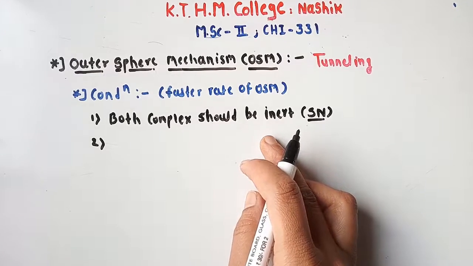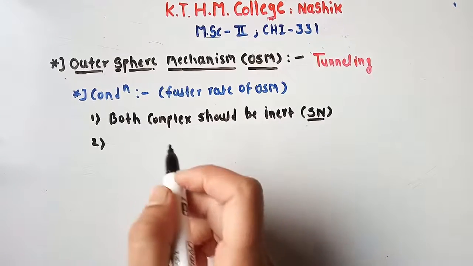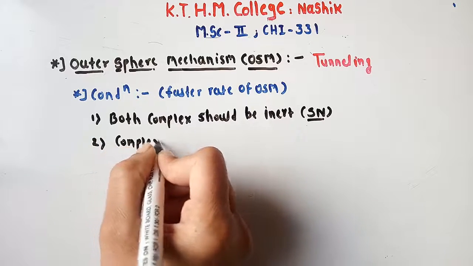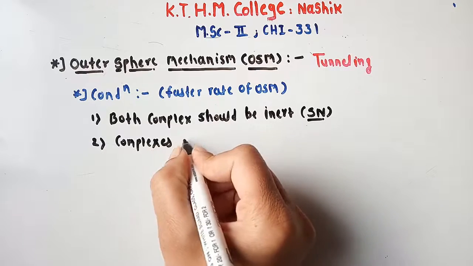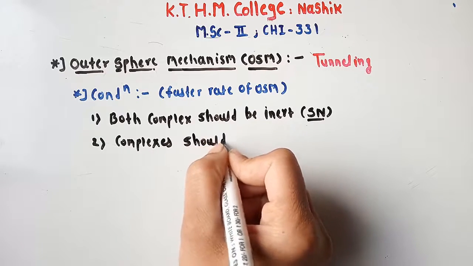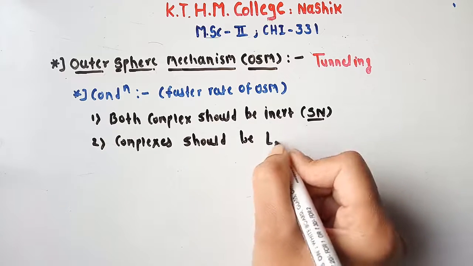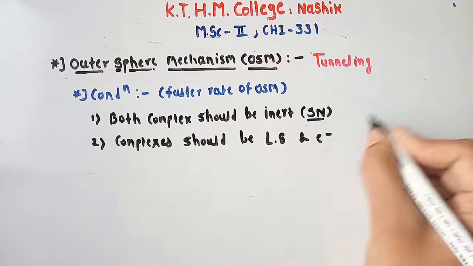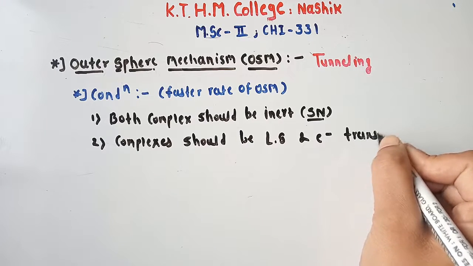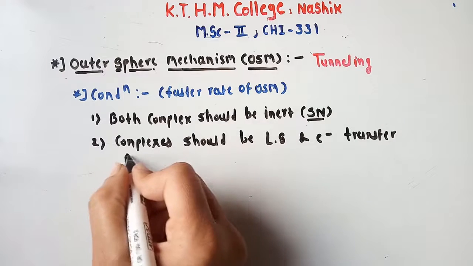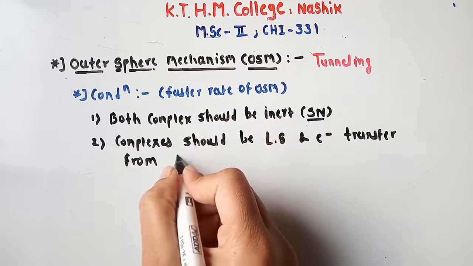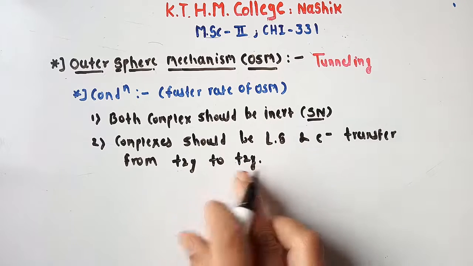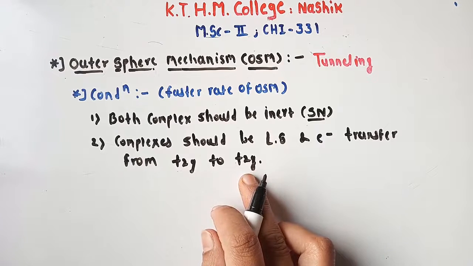Now let's see the second condition. The complexes should be low spin, and electron transfer should be from T2g to T2g for a higher rate of OSM.